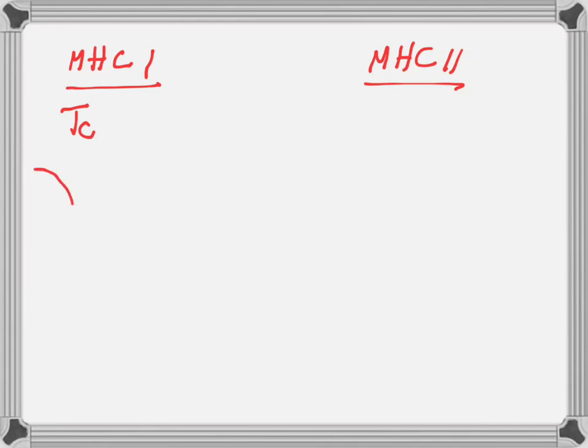The T cell has two receptors that are important to this process. One of those is known as the T cell receptor, or sometimes abbreviated TCR. And the second receptor that is important here is known as CD8. You do not need to know what CD means, but we oftentimes call CD8 a co-receptor.